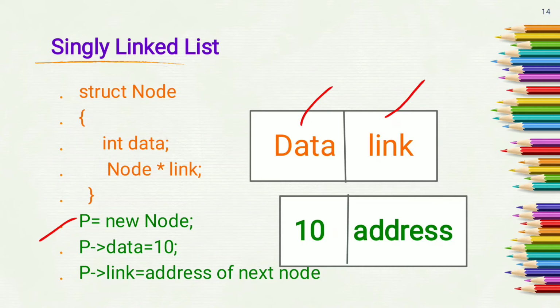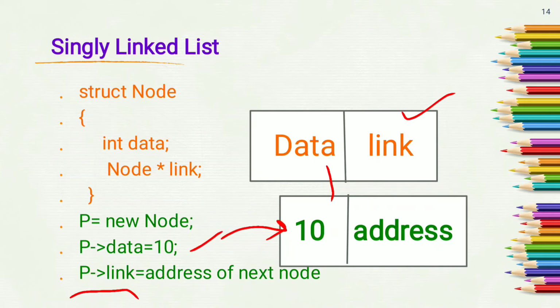To store data in data field, we have to write p access operator, or we can say it is arrow operator, then data = 10. By writing this, value 10 will be stored in data field of the node. And to store address of next node in link part of the node, we have to write p arrow link = address of next node. In this way, in singly linked list, each node is created.